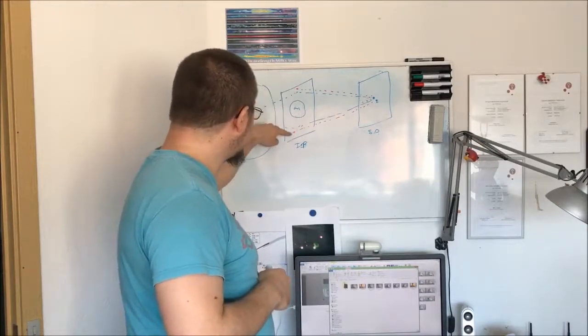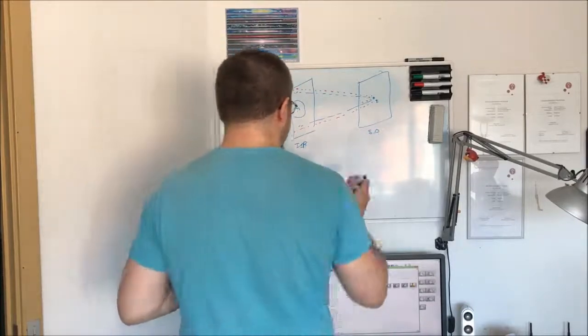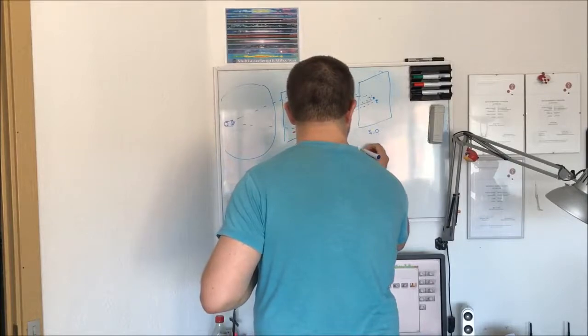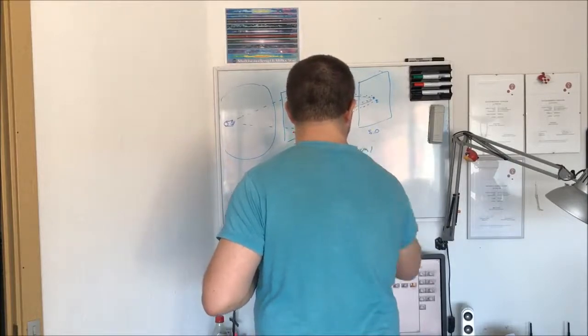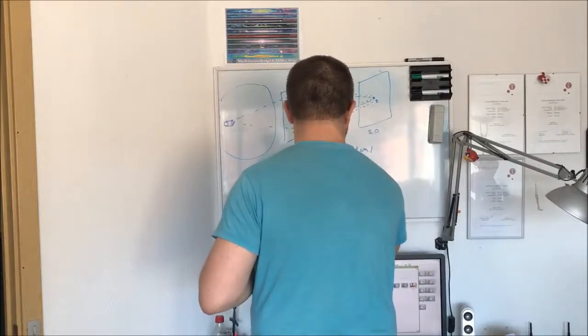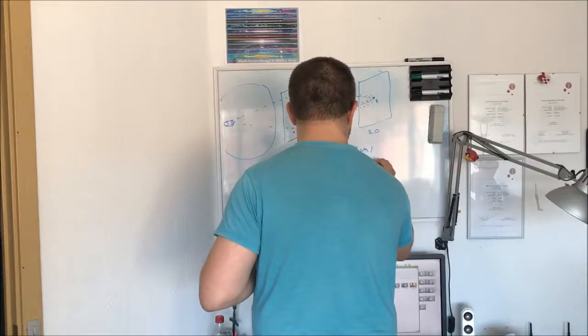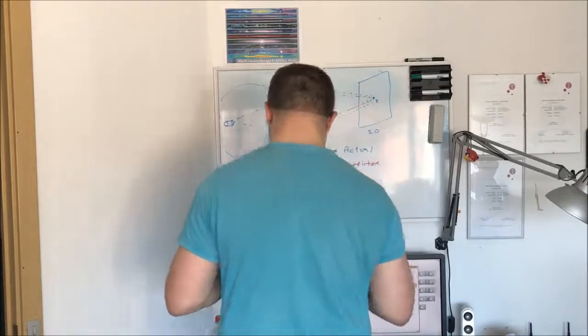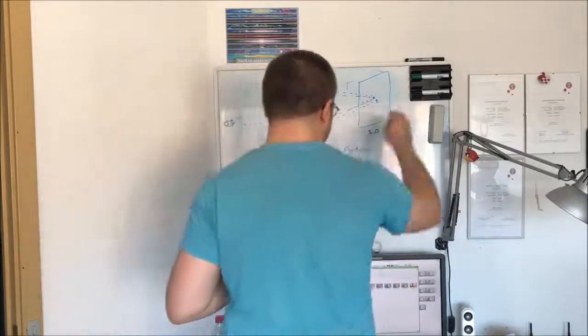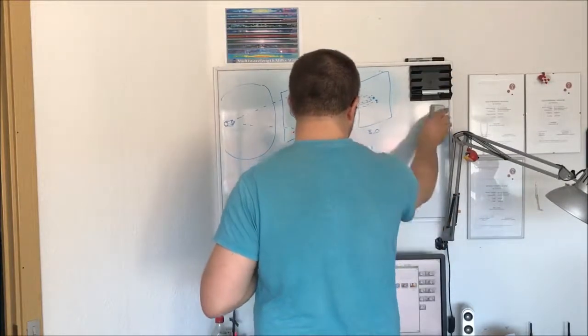The red is the predicted. Blue, actual. Red, predicted. And this of course is the source position. Maybe I should make that green.